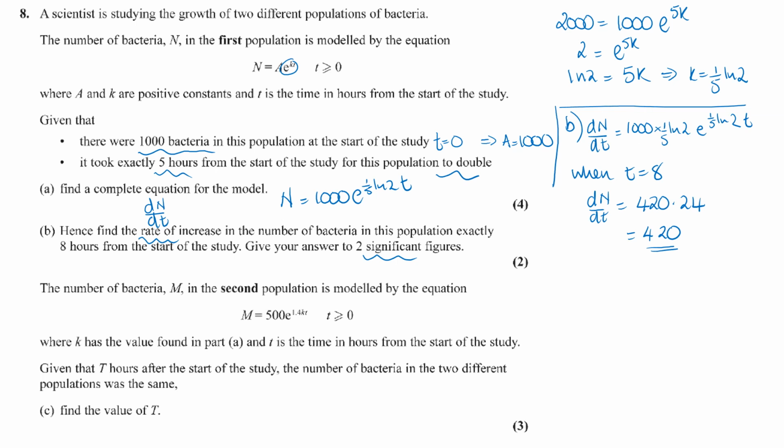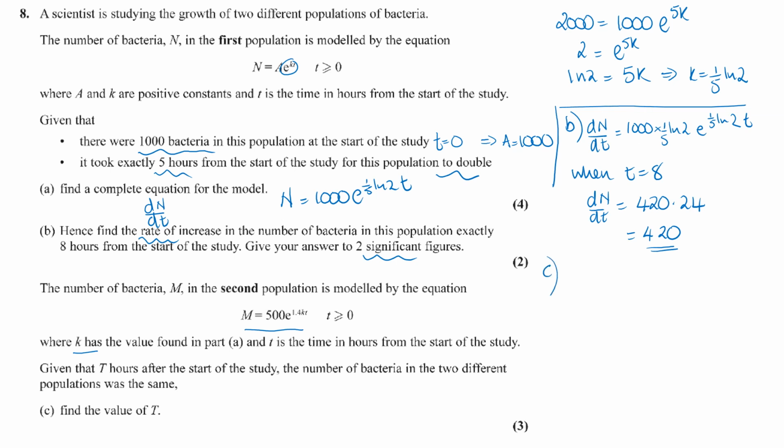Now the next bit of the question says the number of bacteria in a second population M is being given by a different modelling equation, but you're told that the k is the same value as it is in part A. Given that t hours after the start of the study, the number of bacteria in the two different populations is the same, we need to calculate what that t is.